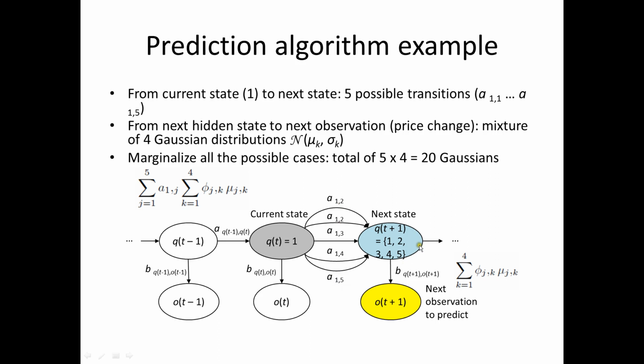Then the next state emits the observation with a mixture of 4 Gaussians. Now we marginalize all the possible cases, which are 5 by 4, 20 Gaussians, so that we can predict the next observation in yellow.